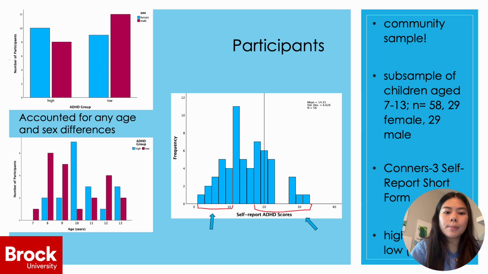As you can see here on my little graph, I have outlined roughly where the self-reported ADHD traits are for the low and high groups. Again, low ranging from 2 to 11 total ADHD scores, and high ranging between 18 and 31. This led to me having 18 participants in the high ADHD trait group and 21 in the low ADHD trait group.